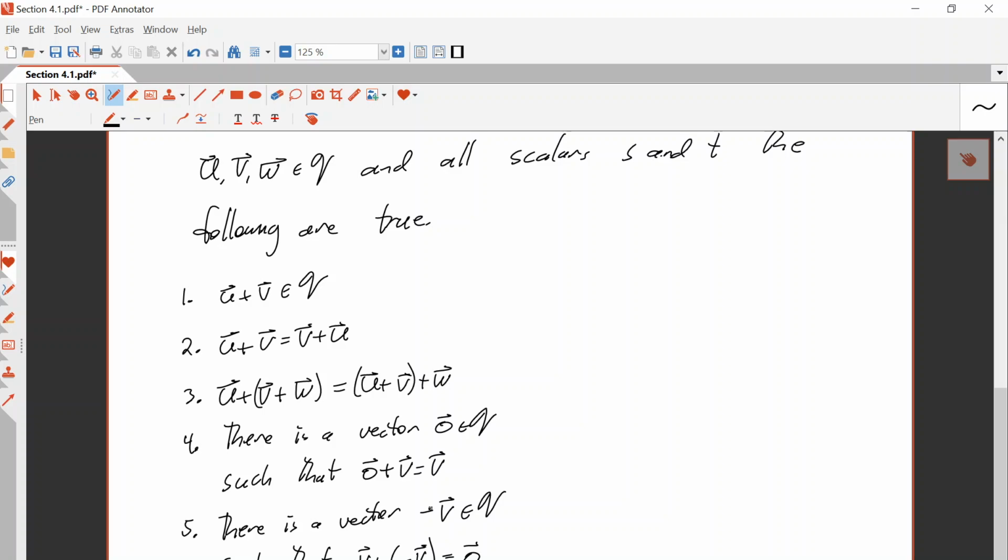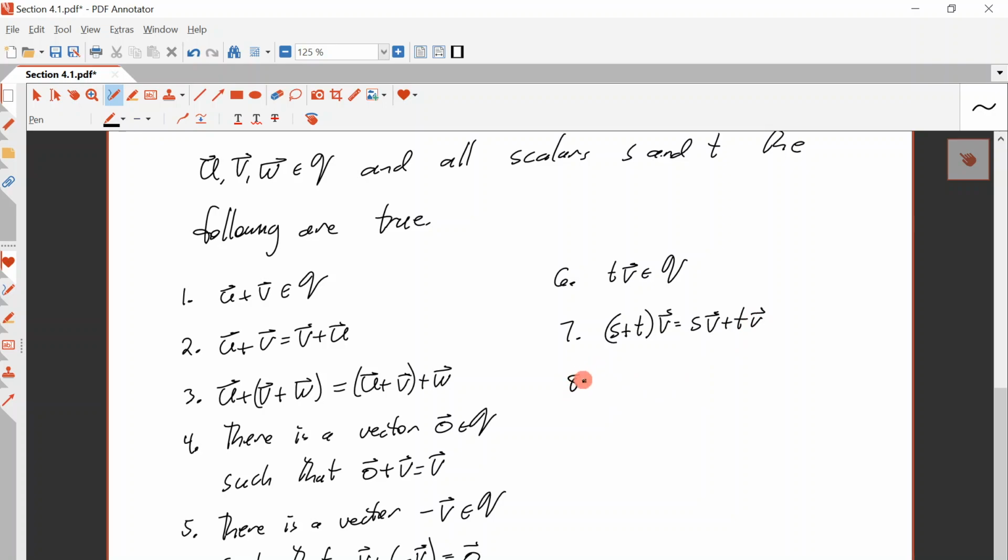Okay, so that's the first 5 axioms dealing with addition, and then there's some axioms dealing with scalar multiplication. 6, tv is in V. When you multiply a scalar times v, you get something in V again. 7, (s plus t) times v is sv plus tv.